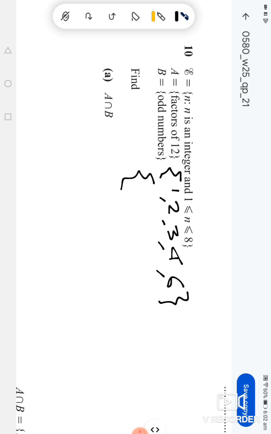The odd numbers are 1, 3, 5, and 7. Find A intersection B. So A intersection B is 1 and 3.